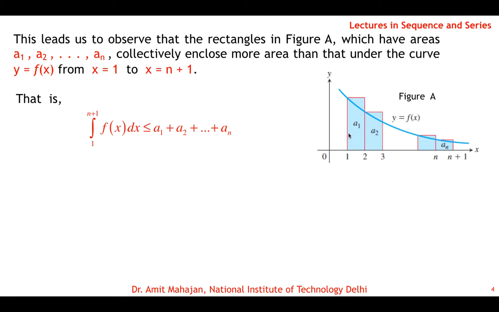If we create the areas to the left of the integers, that means instead of making a1 area on this side, we make a1 area on the other side, and instead of making a2 on this side, we make a2 on this side.